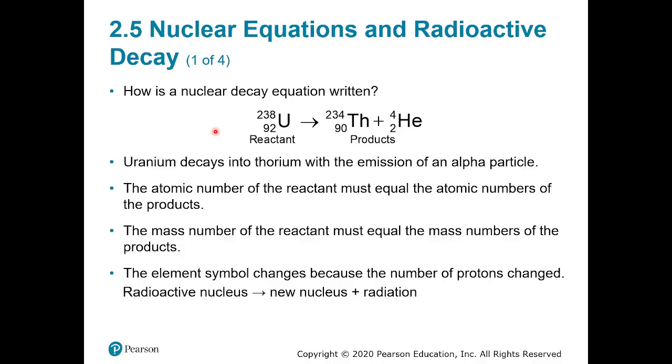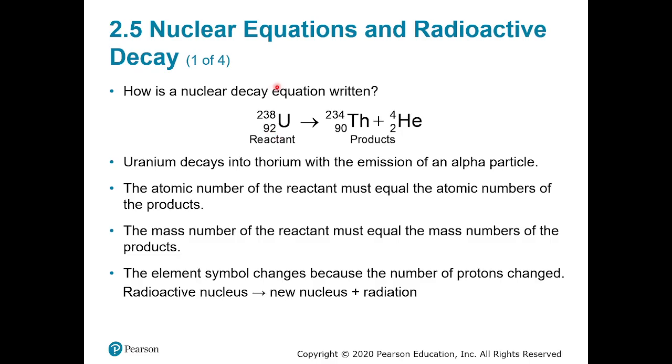So how is a nuclear decay equation written? This right here is a nuclear decay. Right here, notice we have the reactant. In the case of a nuclear reaction, what we're really concentrating on is these two numbers here. Can everybody see it okay? We're concentrating on the atomic mass and the atomic number, i.e. the number of protons and neutrons.